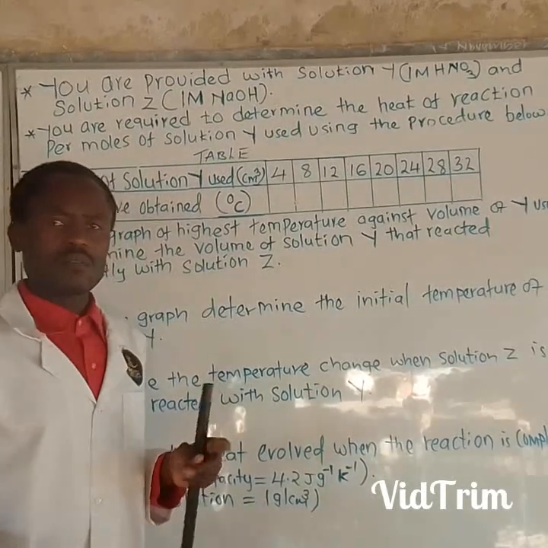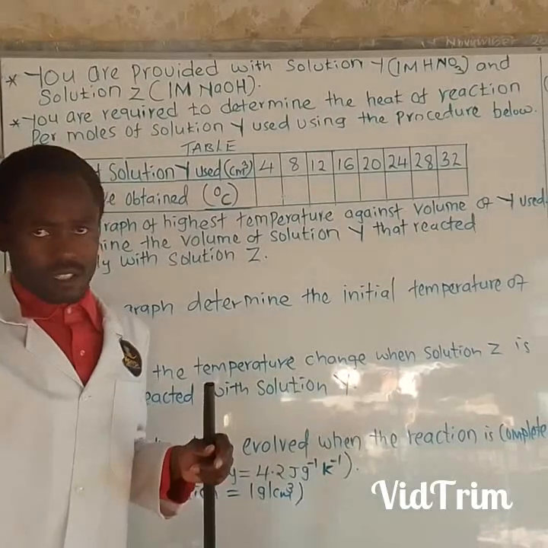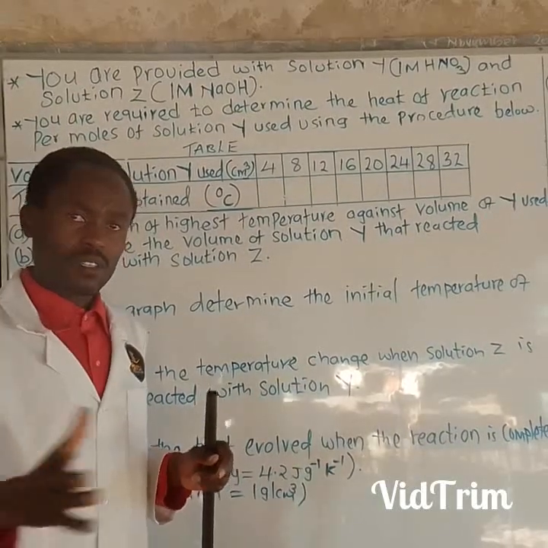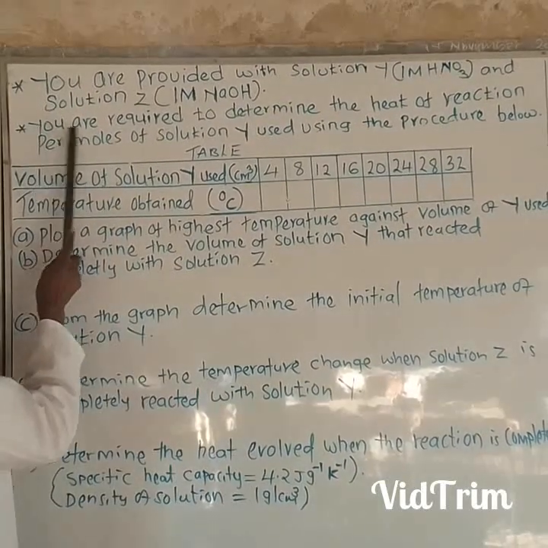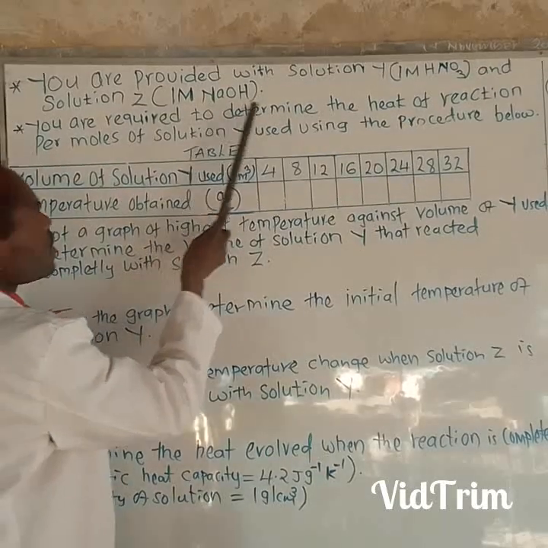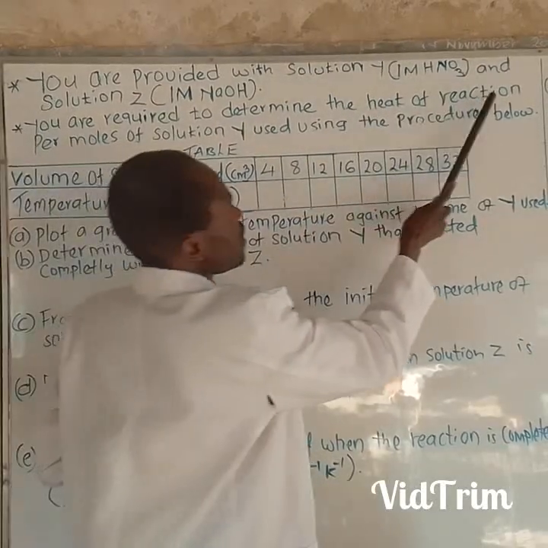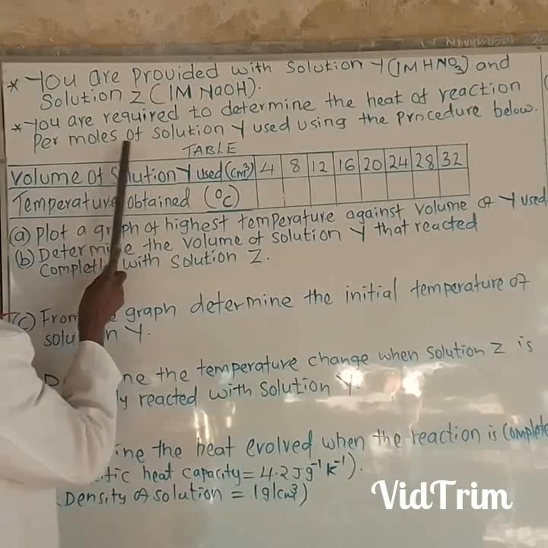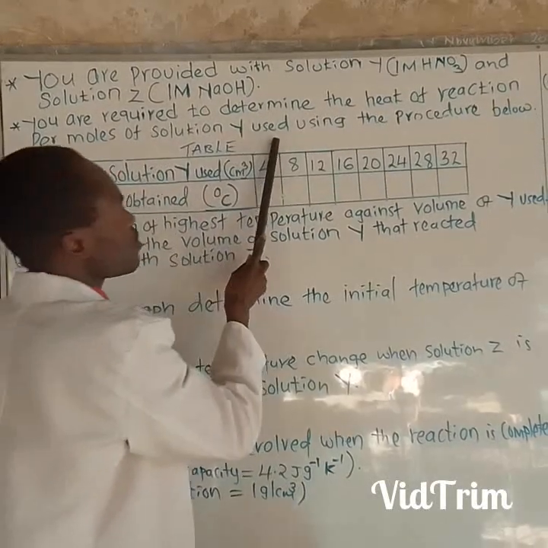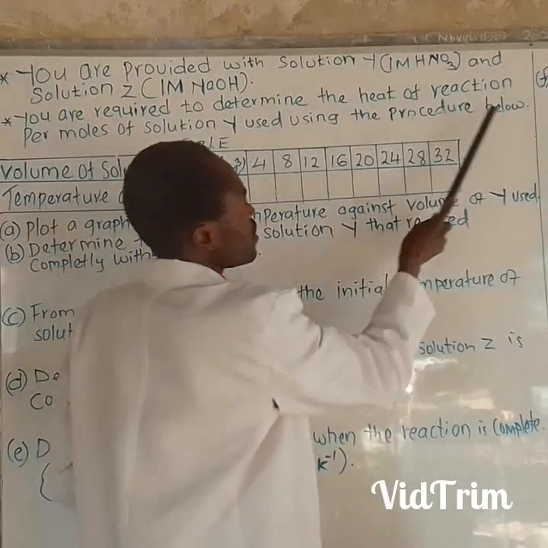Then we ask ourselves, what are we expected to do in this question? You are required to determine the heat of reaction per mole of solution Y using the procedure below.